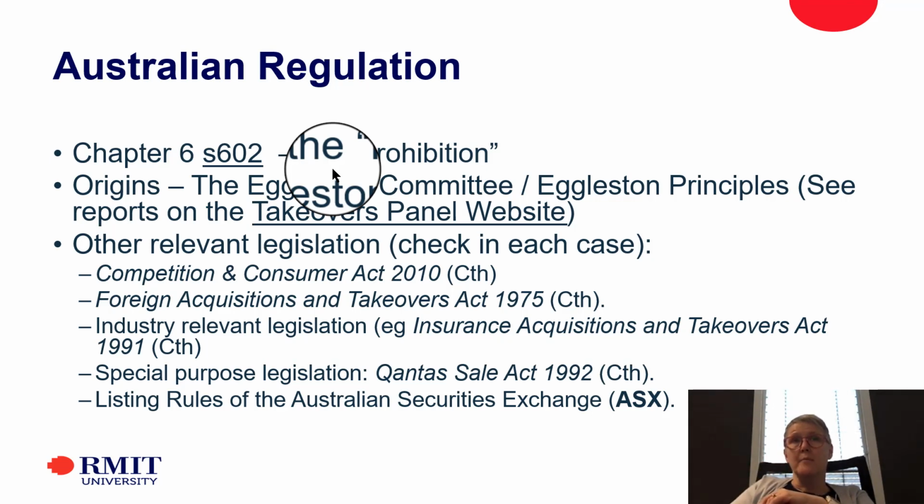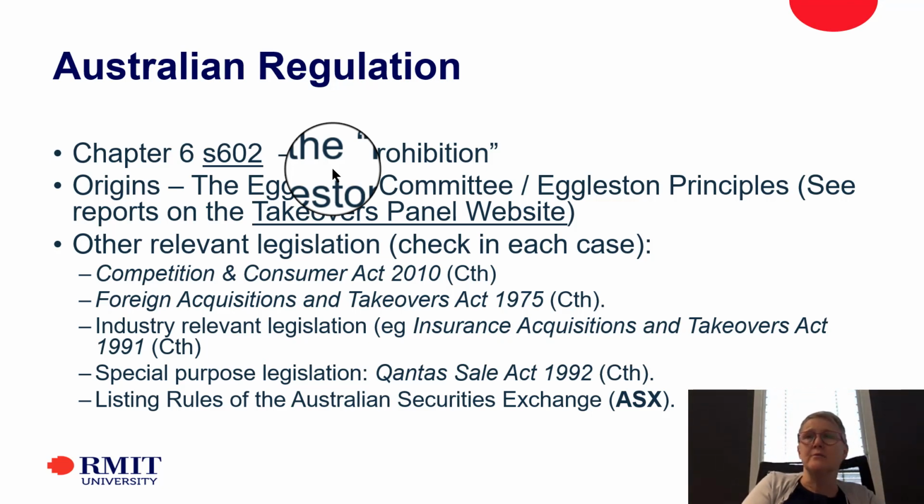So there's also special purpose legislation. Privatised previously Commonwealth entities like Qantas and Commonwealth Bank and Telstra have special legislation that impacts the extent to which the takeovers regime is augmented. So on the whole, that kind of legislation provides additional hoops as opposed to removing anything.